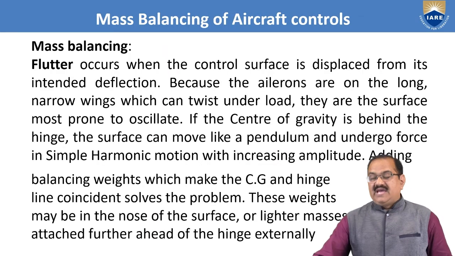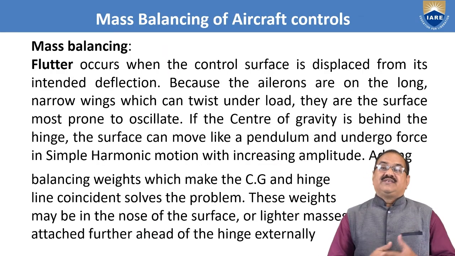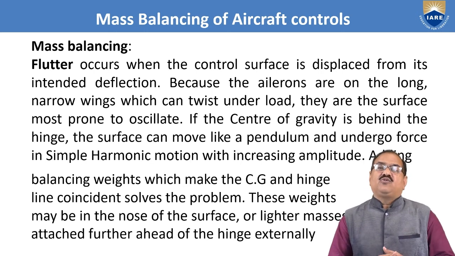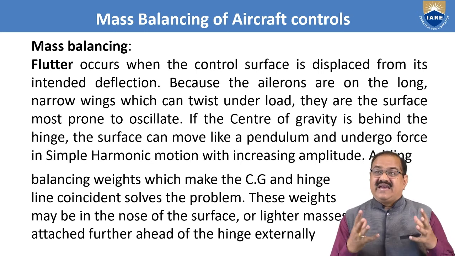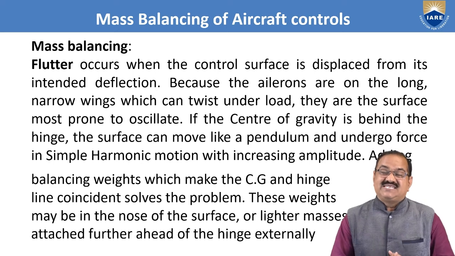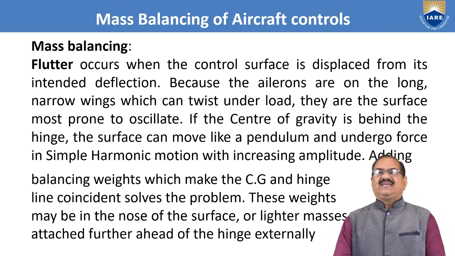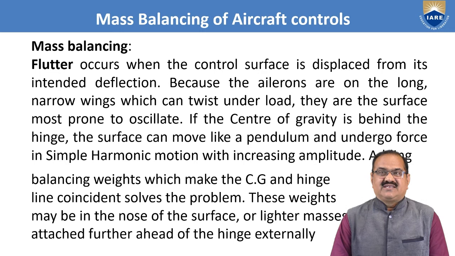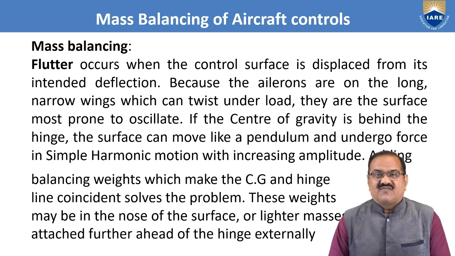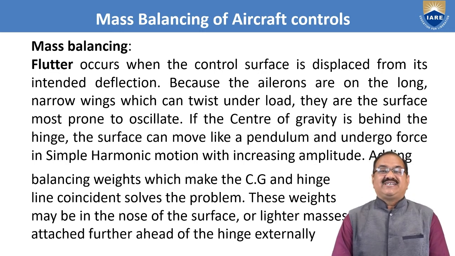So now the next topic is mass balancing. Why do we have to do mass balancing in aircraft controls? It is very much essential. Flutter occurs when the control surface is displaced from its intended deflection.